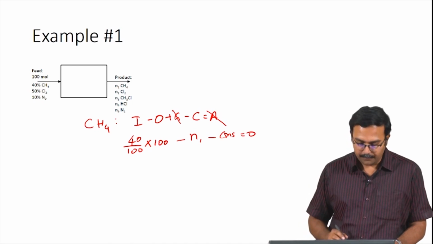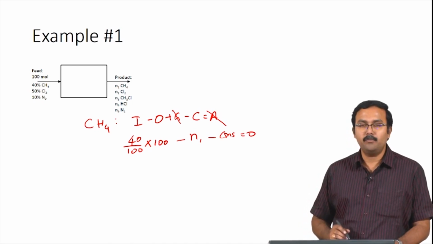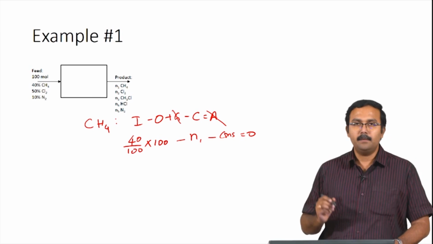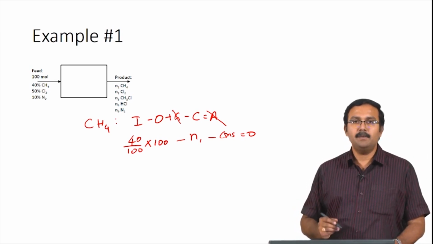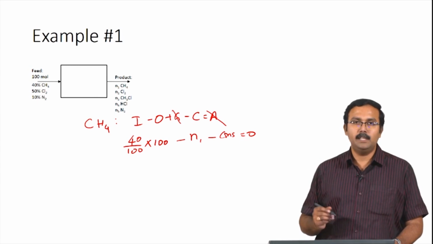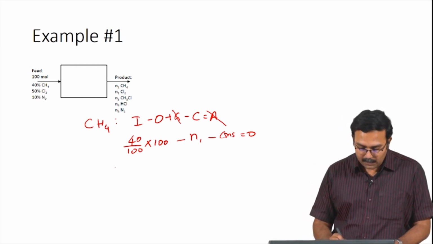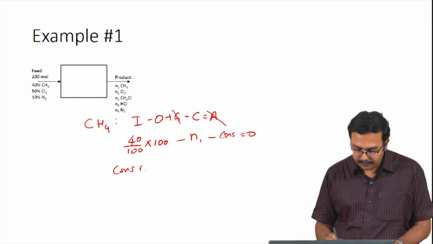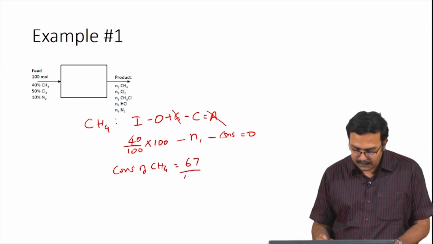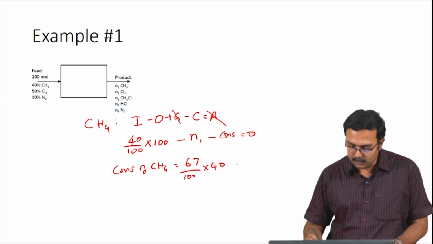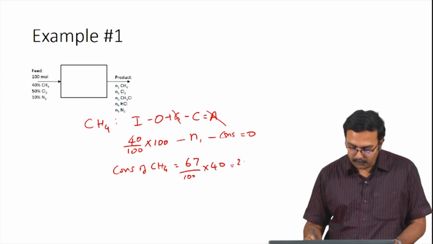is equal to 0. Can we calculate the consumption of methane? We know that methane is the limiting reactant, and the problem statement says that 67% of the limiting reactant gets converted, which means consumption of methane would be 67% of the 40 moles fed, giving you a value of 26.8 moles.